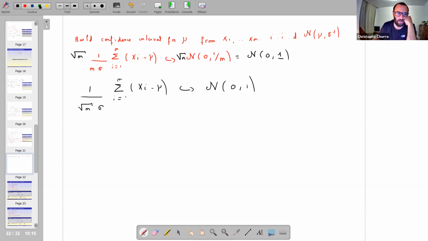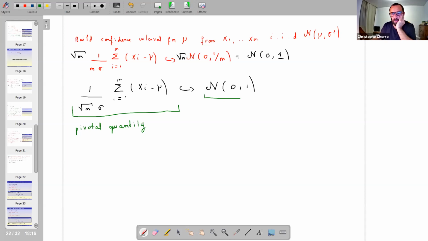And in fact, you will see that in statistics, I have here something that is an estimator, because it's just a regular function of X1, ..., Xn. This quantity is called a pivotal quantity. And what is a pivotal quantity? It's just a quantity for which the distribution is independent of the parameters of my problem.